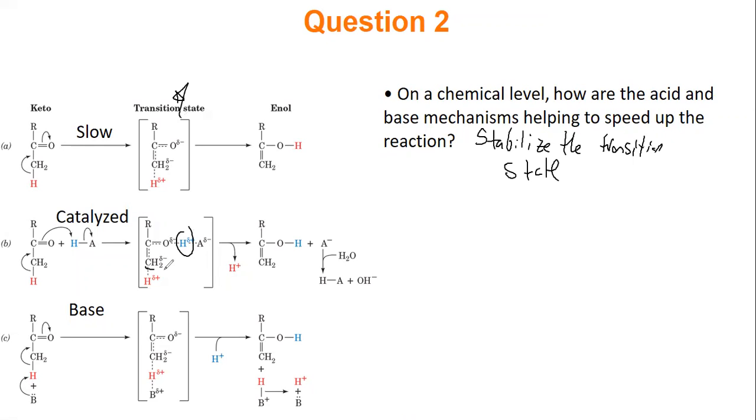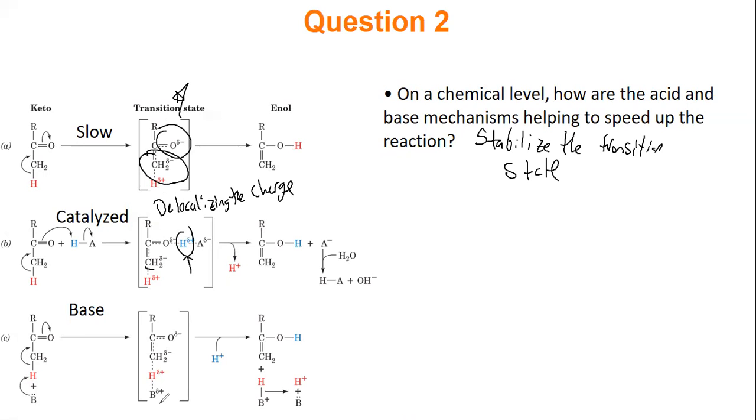It's just overall stabilizing the charge of the molecule. The charge is being more delocalized, I should say. In our uncatalyzed version, right, we have the charge being in like 2 places, on the carbon and on the oxygen. By not taking off the hydrogen quite yet, we are delocalizing the charge. And by spreading out the charge, is another way to put it, you are making this transition state more favorable.